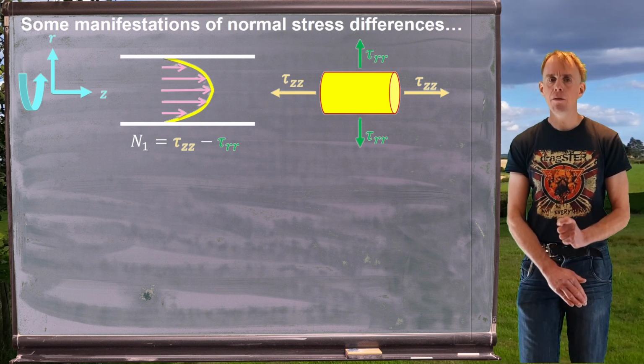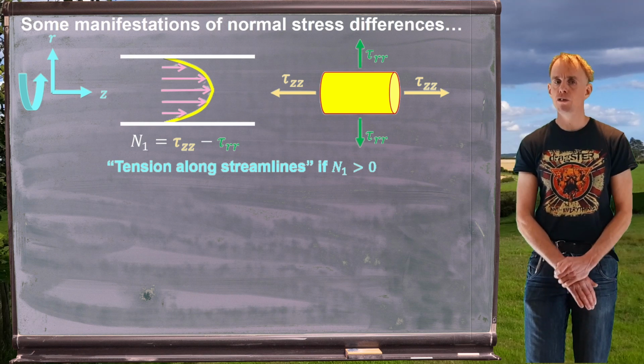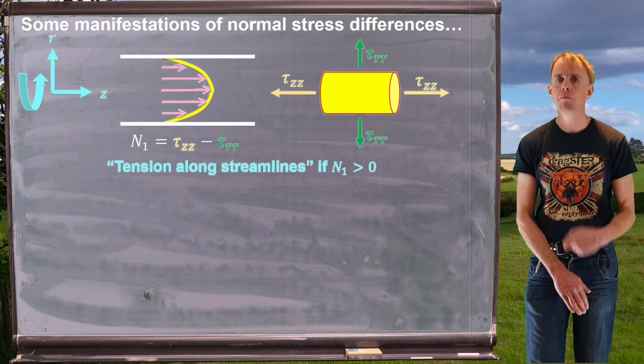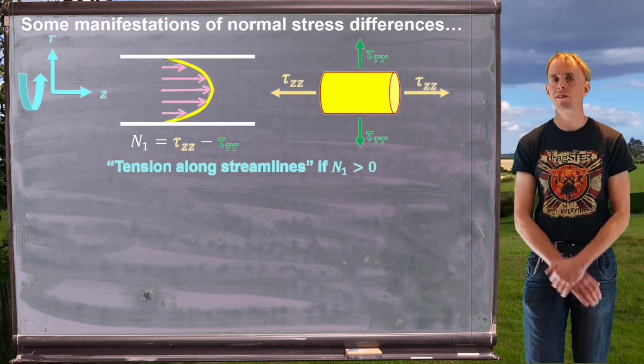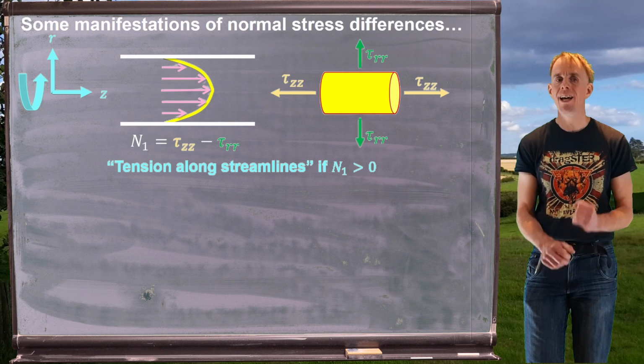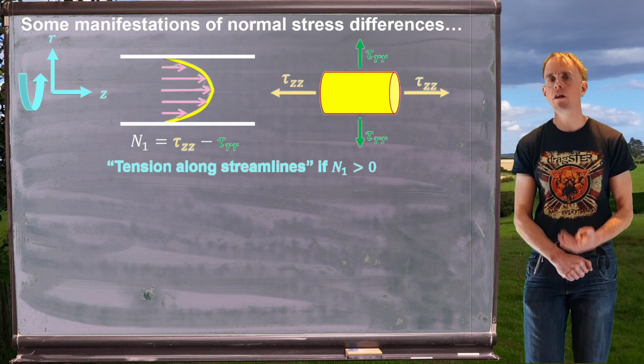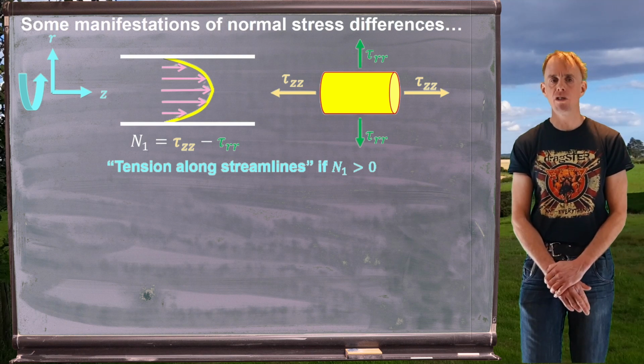And so if we think about that little mental model, if my first normal stress difference is greater than 0, that implies that tau zz is greater than tau rr, and my first normal stress difference manifests as tension in my streamlines. And there's a really nice visual way that this can be seen.